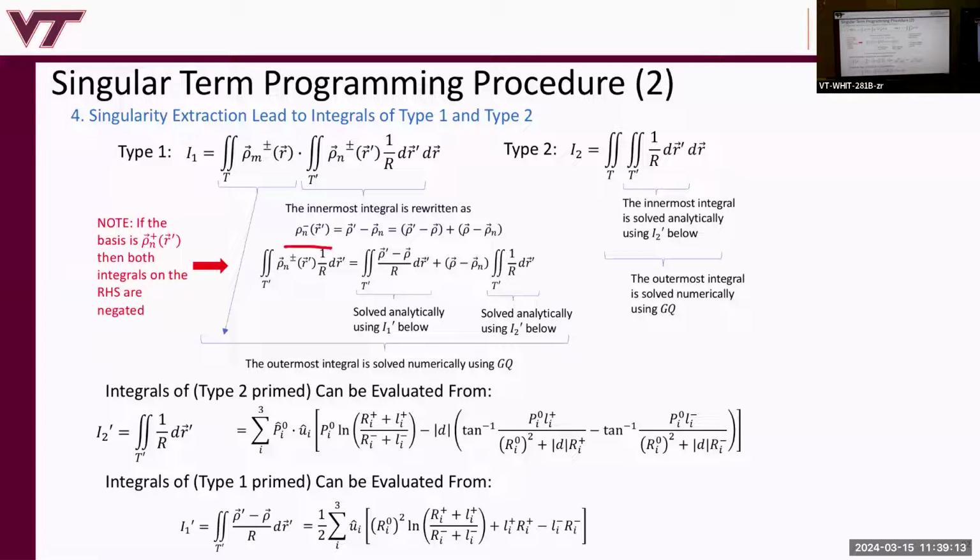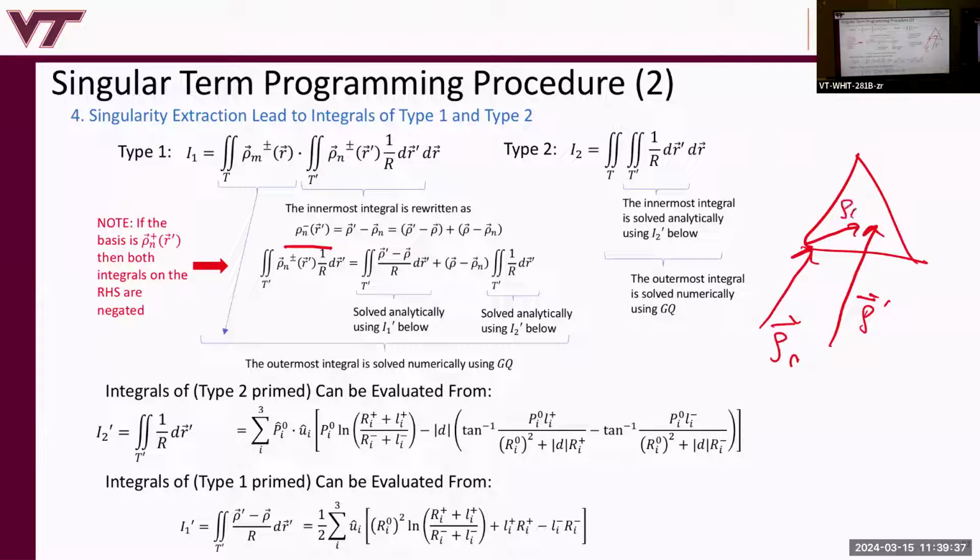Rho n minus. So here's a triangle. Here is, we're calling this rho n. It's a different nomenclature, I guess. And then there's a rho vector here, which is the position vector to the source. Then this vector here is rho n minus, right?